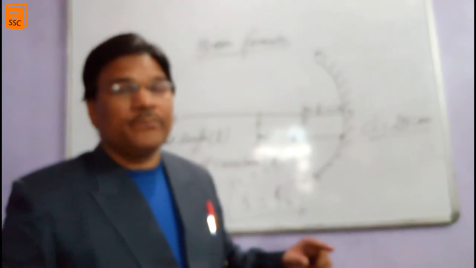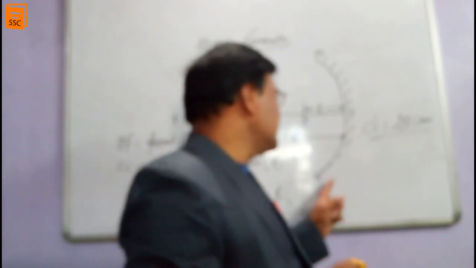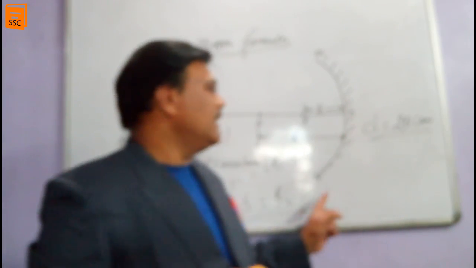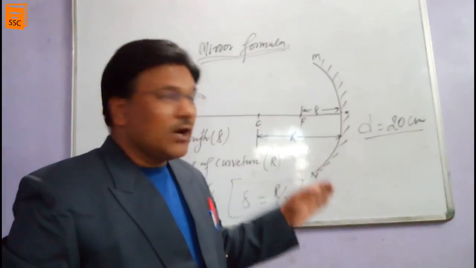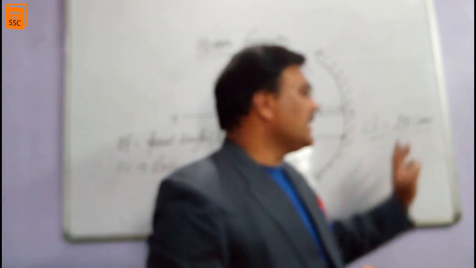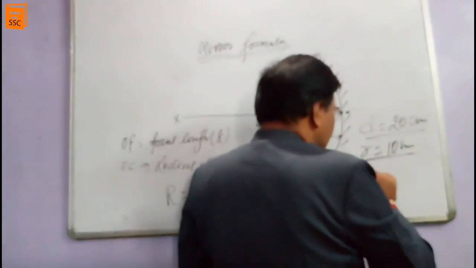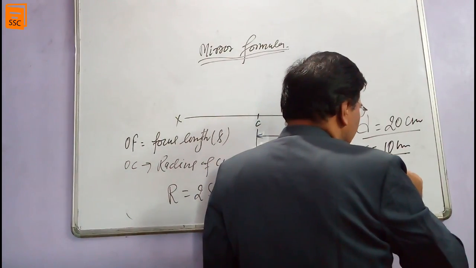Radius of curvature is the radius of the sphere which is broken into many pieces, and one piece is converted into a concave mirror. The diameter of that sphere is given as 20 centimeter, so what is its radius? The radius becomes 10 centimeter, and the radius of the sphere is the radius of curvature, which is also 10 centimeter.